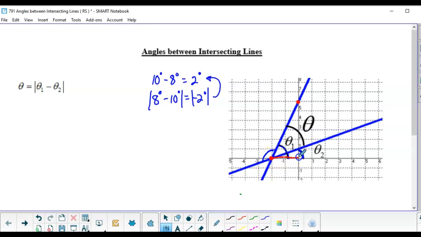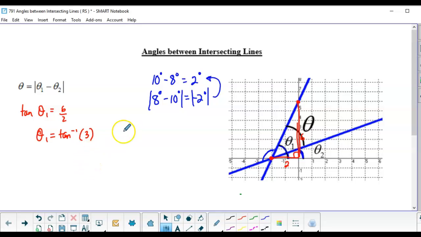If I draw this triangle, then for theta 1, this is 2 units and this is 6. So tan of theta 1 equals 6 over 2, which is equal to 3. So theta 1 equals tan inverse of 3.